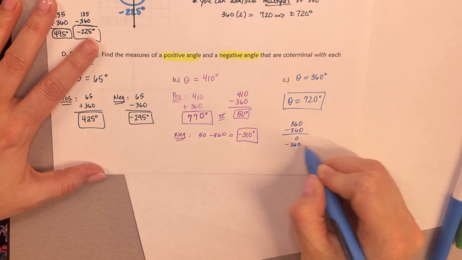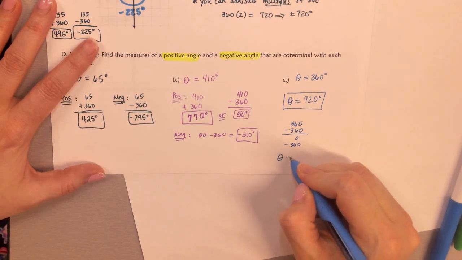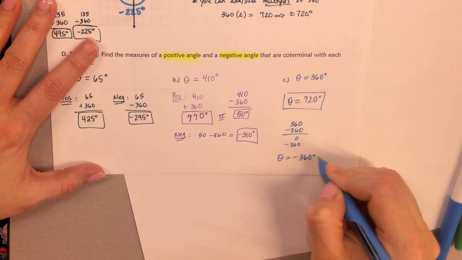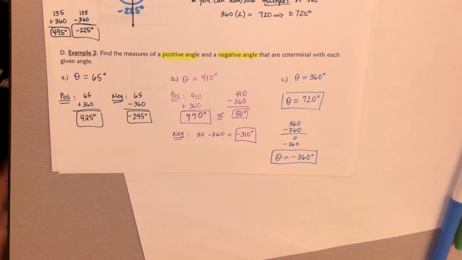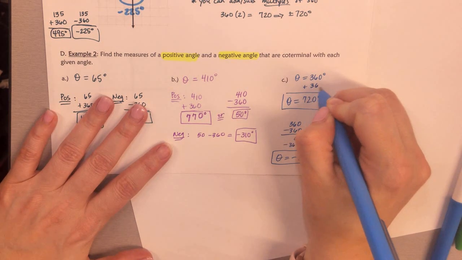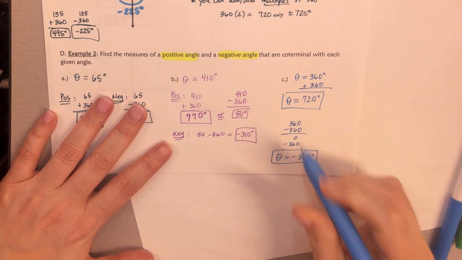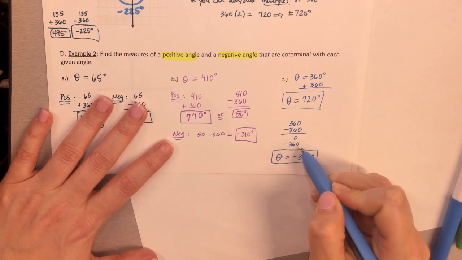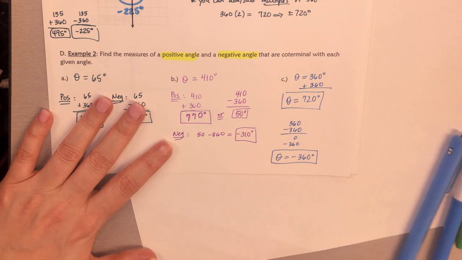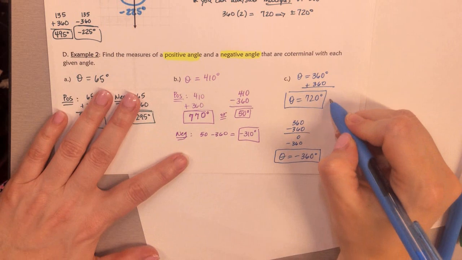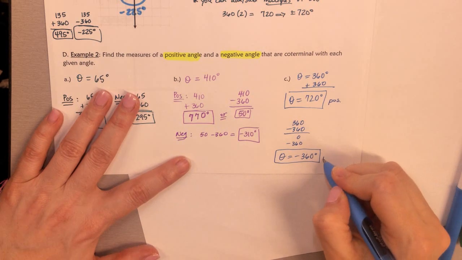So your negative value should be negative 360. Yep. You could also do negative 720. When you subtract you get 0, so you have to subtract 360 again. So now you have a positive and you have a negative.